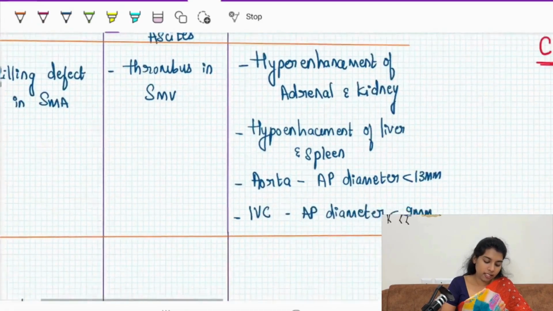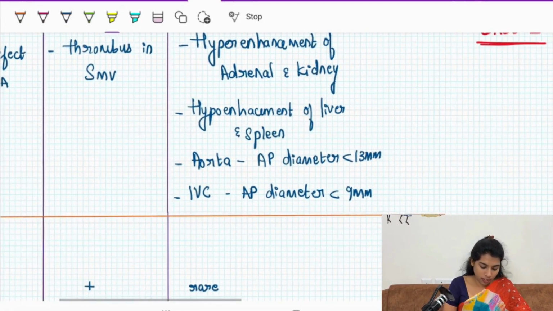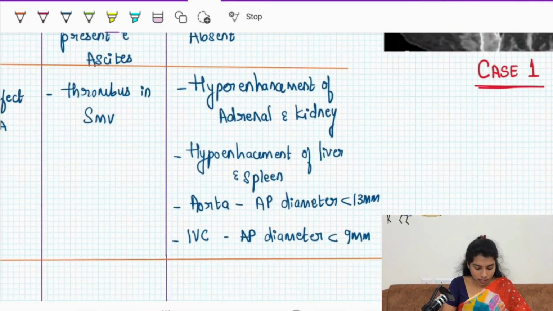However, if it is a non-occlusive mesenteric ischemia, as I've just discussed with our example, you will see hyperenhancement of a few structures and hypoenhancement of a few structures. Hyperenhancement of structures include the adrenal gland, the kidney, the gallbladder mucosa, pancreas, and hypoenhancement of the liver as well as the spleen.